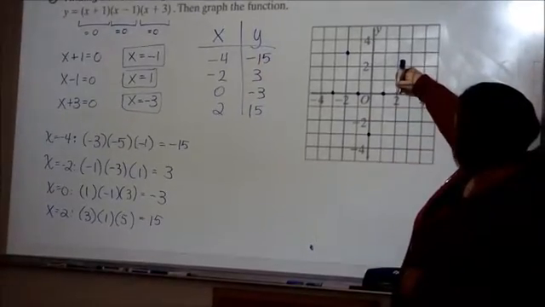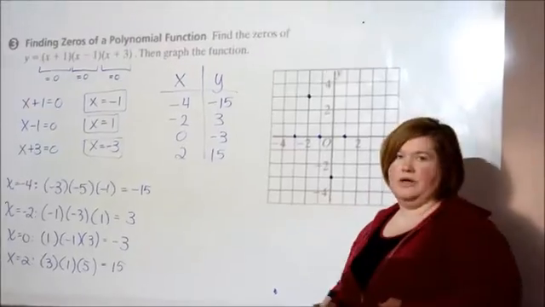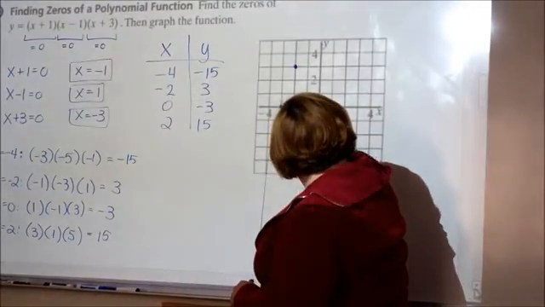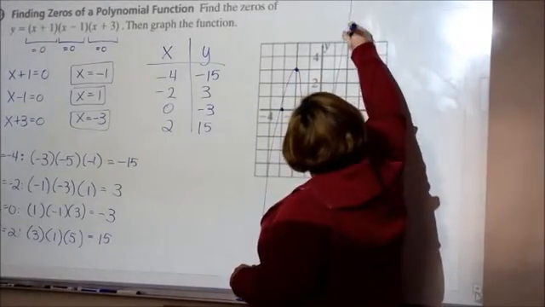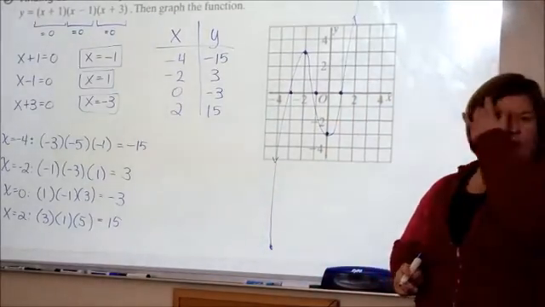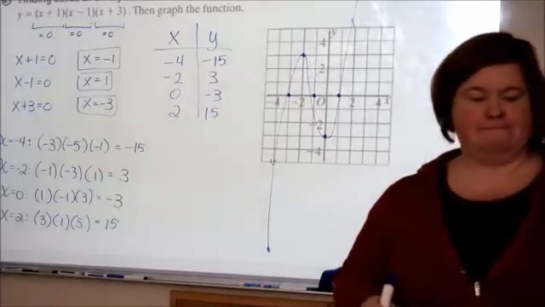And when x is 2, y is 15. Somewhere way beyond where Miss Harmeyer can reach. All right, and now we just connect our dots. And remember, this is a curve, so they're not sharp edges. You can put arrows at the edges of your graph if you want, indicating that they'll keep going.